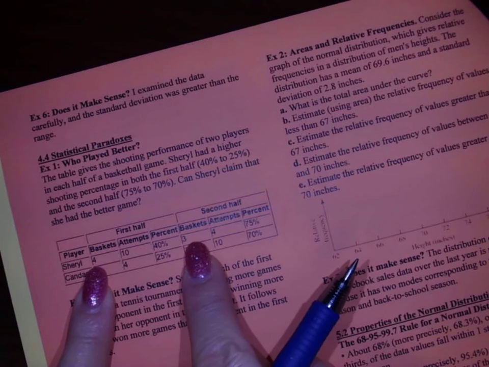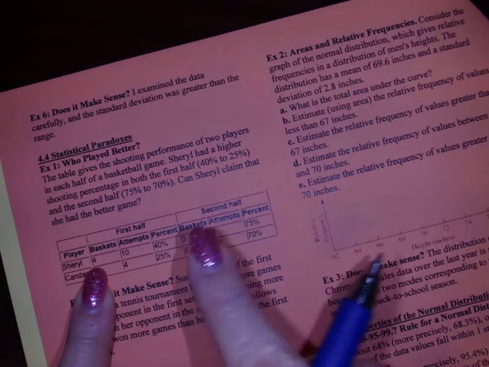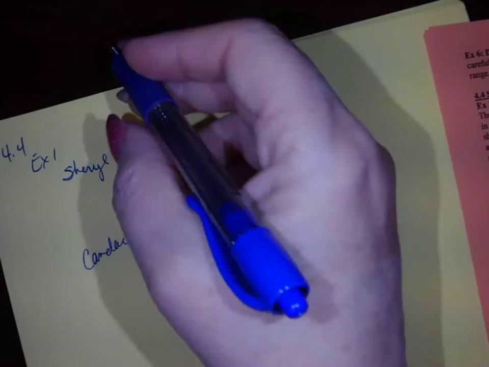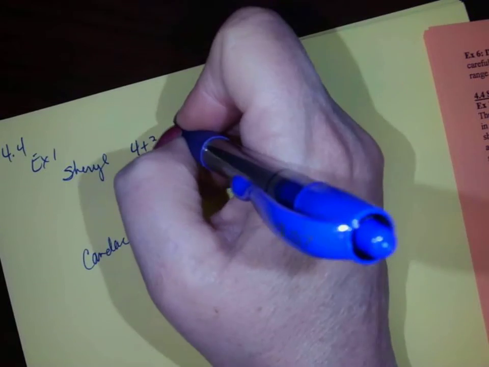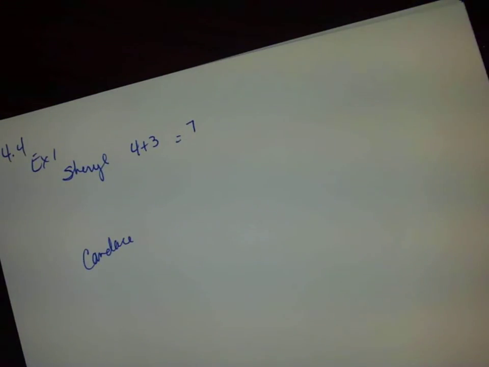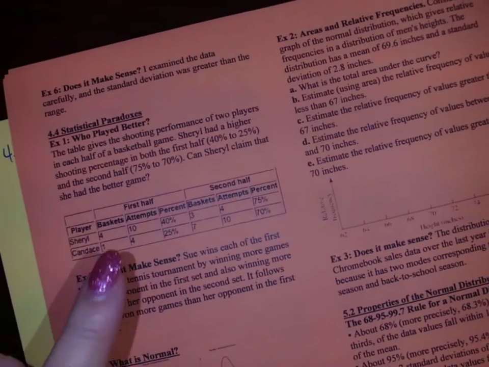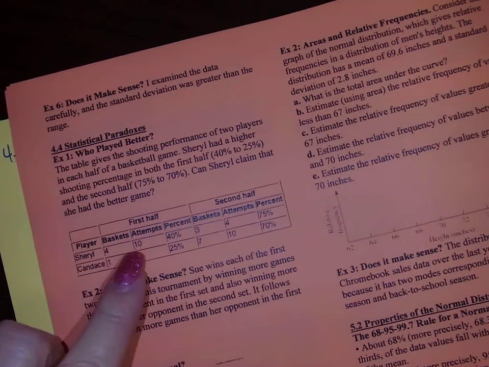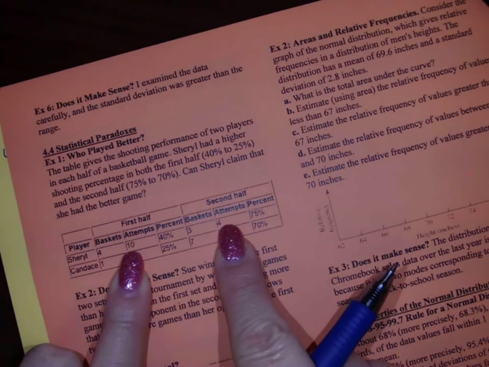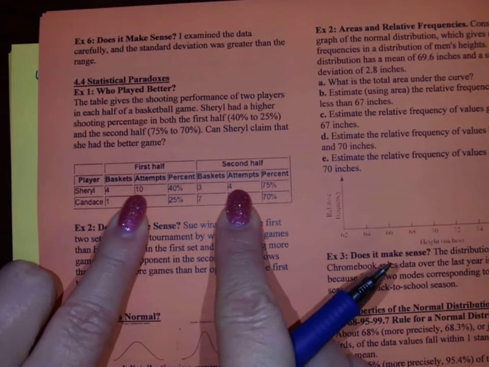And in the second half, she made 3 baskets. So she made a total of 7 baskets. So 4 plus 3 gets us 7, right? And out of that, how many shots did she actually attempt? She attempted 10 shots and 4 shots.